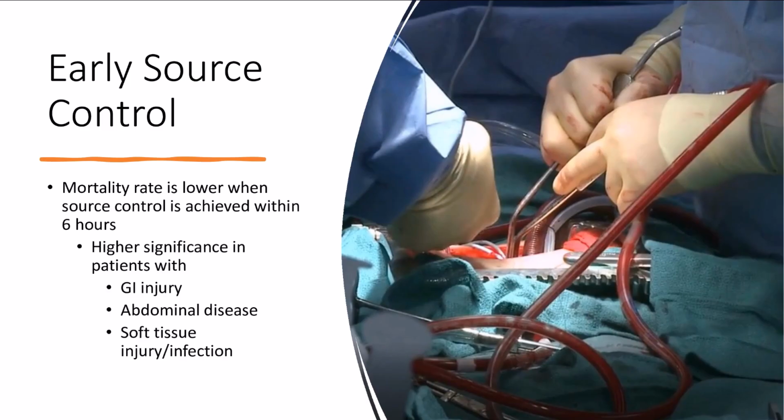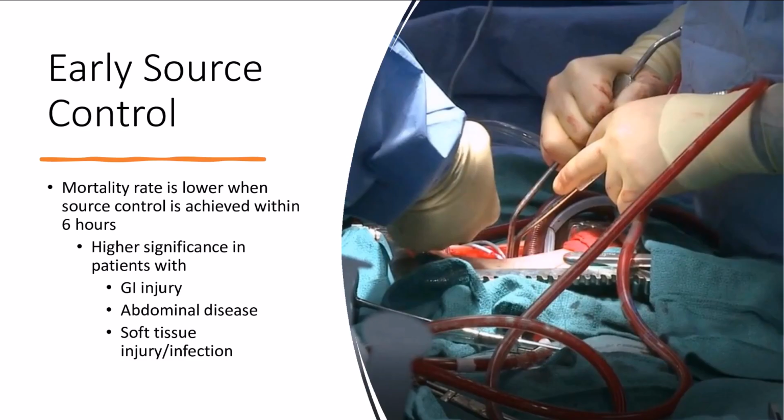Interestingly, mortality rate is lower if we do that surgery for source control, or try to achieve source control, within 6 hours of hospitalization. So let's apply this to bite wounds, abdominal surgery for ruptured bowel or something. If we do something within 6 hours, there is a significant reduction in mortality rate.